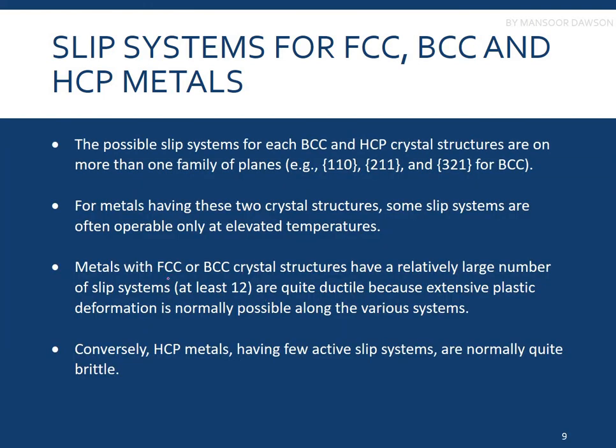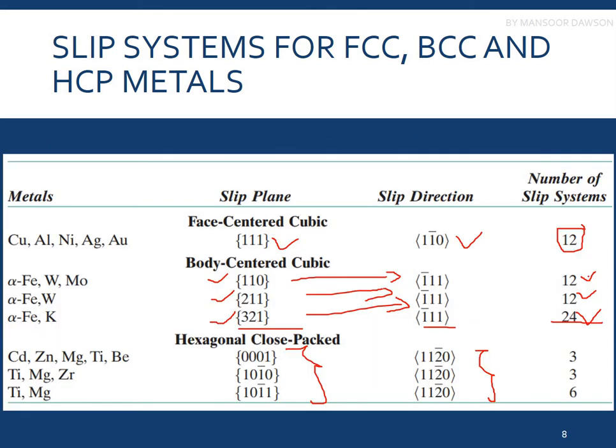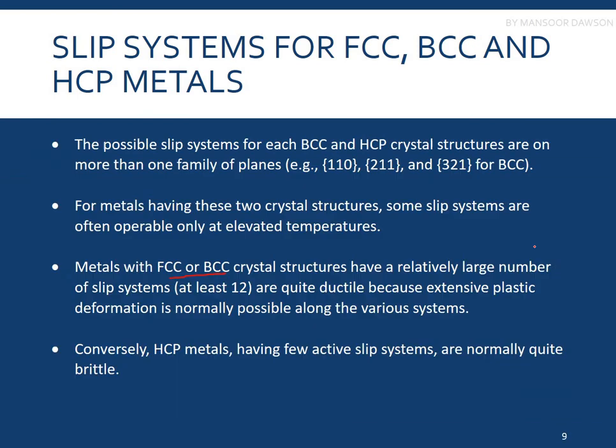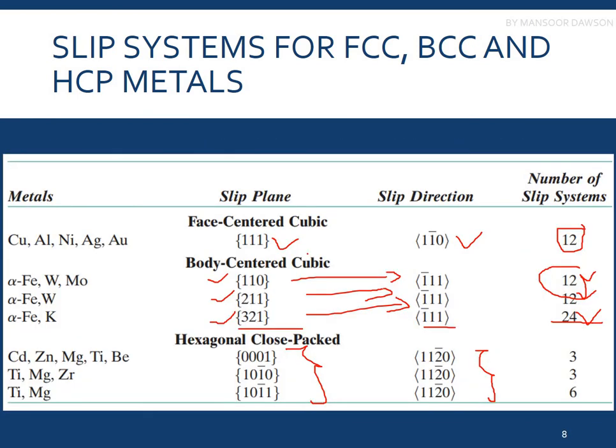Metals with FCC or BCC crystal structures have a relatively large number of slip systems, at least 12, and these are quite ductile as well. And you can see that we have 12 systems for these two and 12 for this family, and these are also very ductile because they can be extensively stretched, and they can also bear an extensive amount of deformation, like you can see in copper, iron, and aluminum.